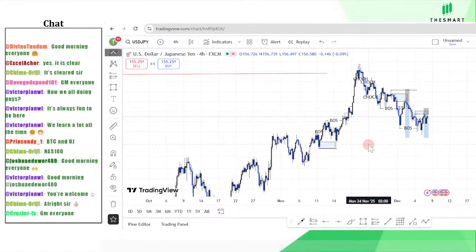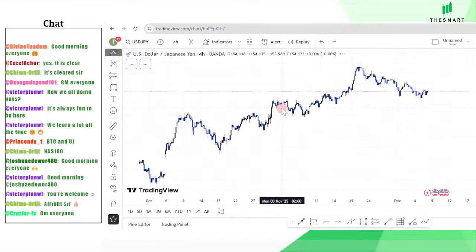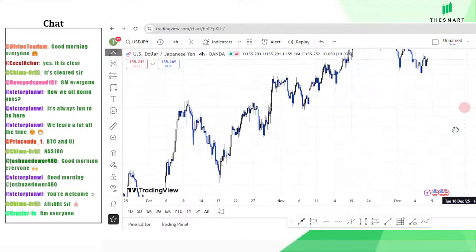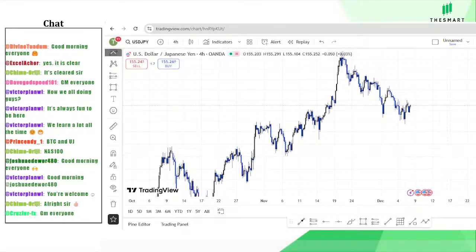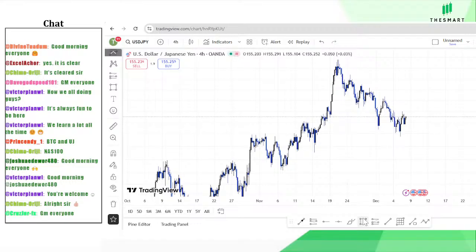if you go down to the 4 hours here on USD, I'm seeing this level.